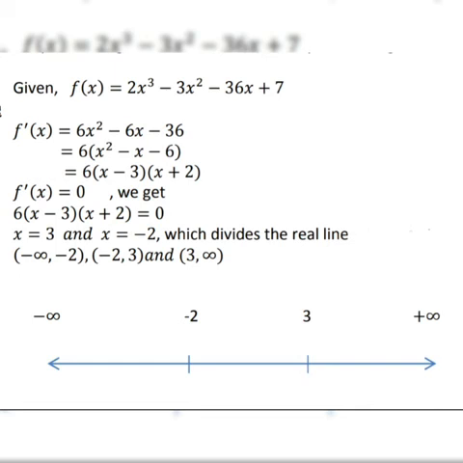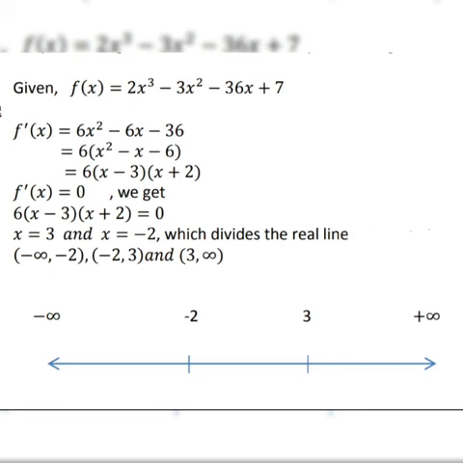To find out that, what we do is we take any value between minus infinity and minus 2 and put that value of x in f prime of x. And we will observe whether f prime of x is greater than 0 or less than 0. If it is greater than 0, then the graph is increasing.